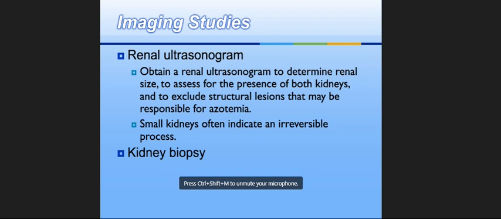If both kidneys are shrunken, it is a sign of a chronic kidney disease, and mostly, 99.9%, it is an irreversible process, and we will go to kidney replacement therapy, whether dialysis or transplant.